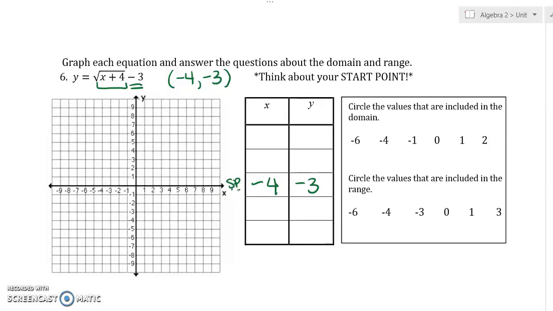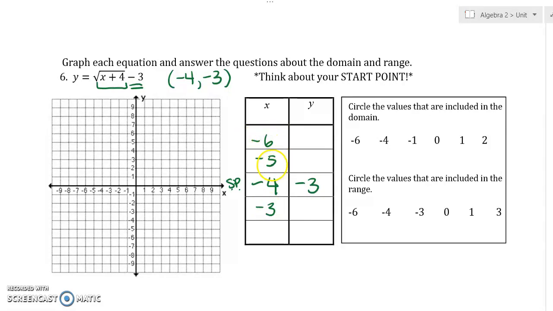And then I'll start thinking of numbers that go in one direction or the other. So I know that -5, I'll think of -5, -6, I'll do -3. Actually, I won't do -6. We'll see how that goes, but I'll do -6.